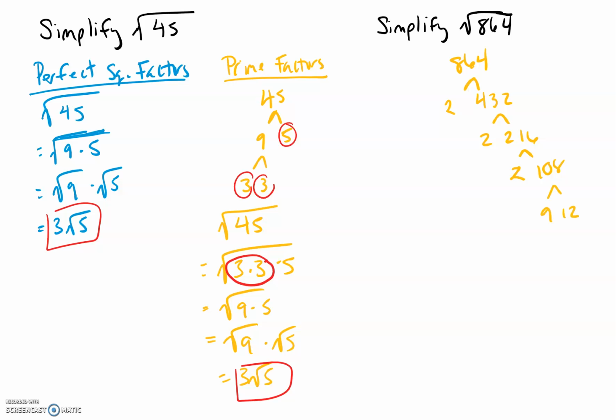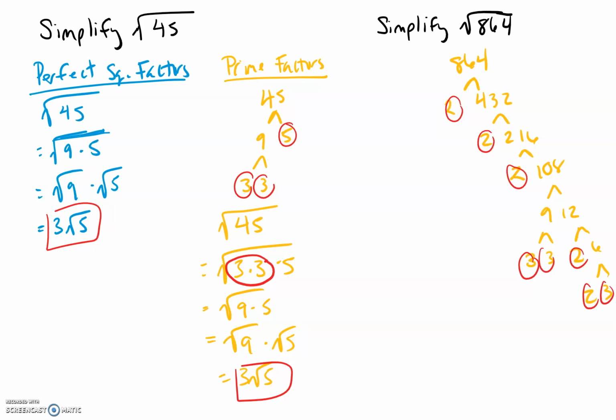If you want to keep breaking down to prime factors, you totally can, but you might realize 9 is a perfect square, so maybe I won't break down that 9. It's up to you. I'm going to break it down just to get my prime factors. So that's 3 and 3. 12 we know is 2 and 6. 6 is 2 and 3. So then I have 1, 2, 3, 4, 5, 6, 7, 8 prime factors.